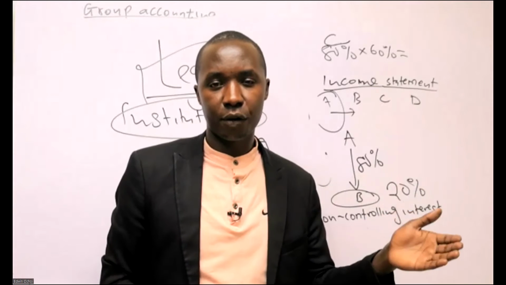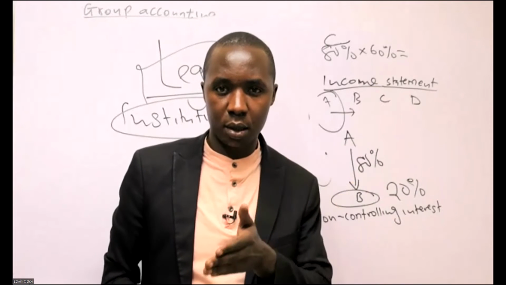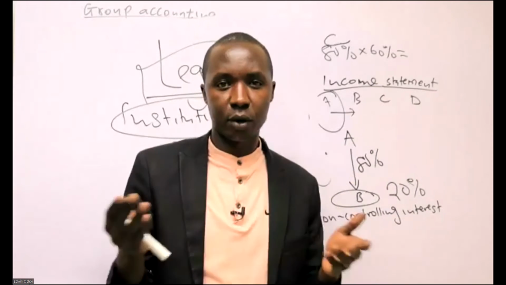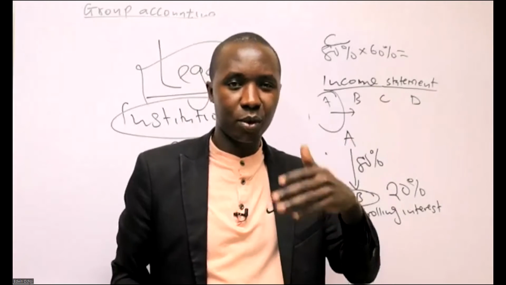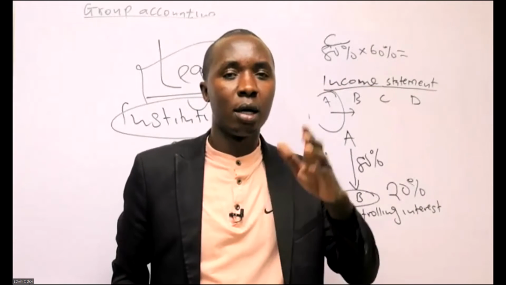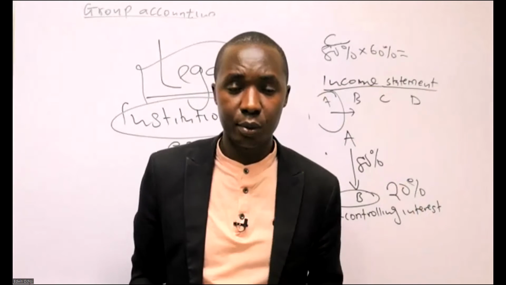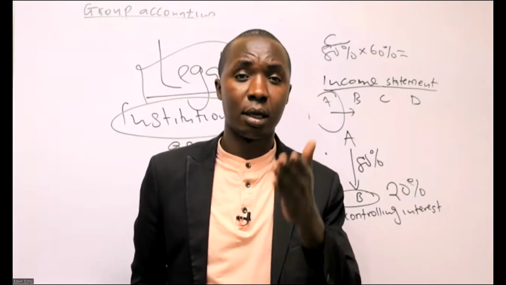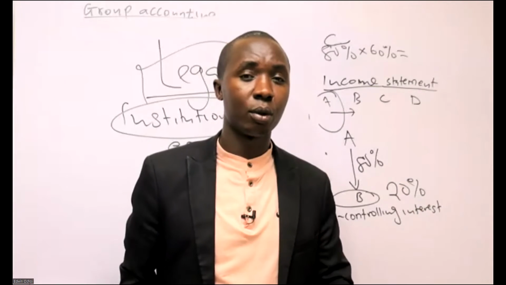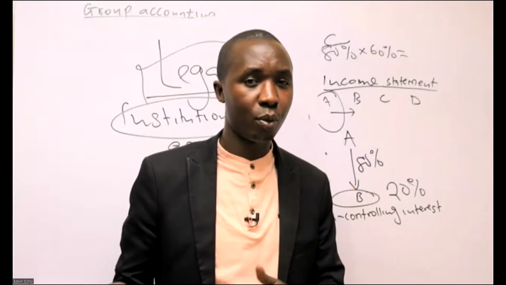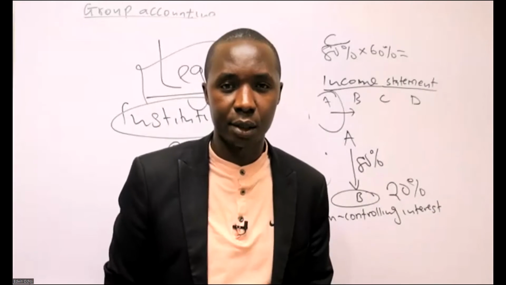But you don't have to understand all those things about sections. So according to the law, when the parent owns a subsidiary, it has to prepare consolidated statements and present these statements at the annual general meetings to the relevant shareholders, the people who have an interest in the company.